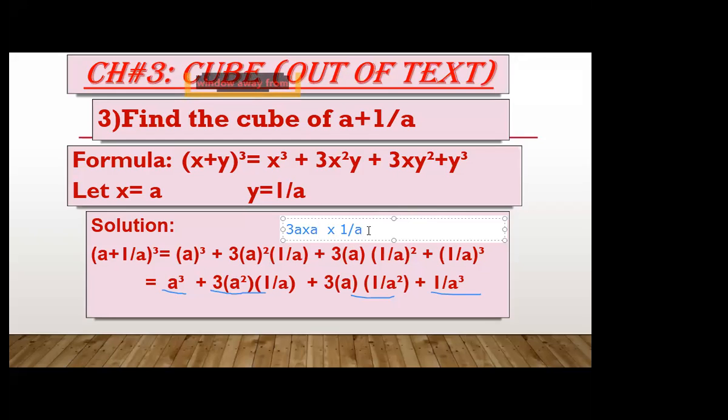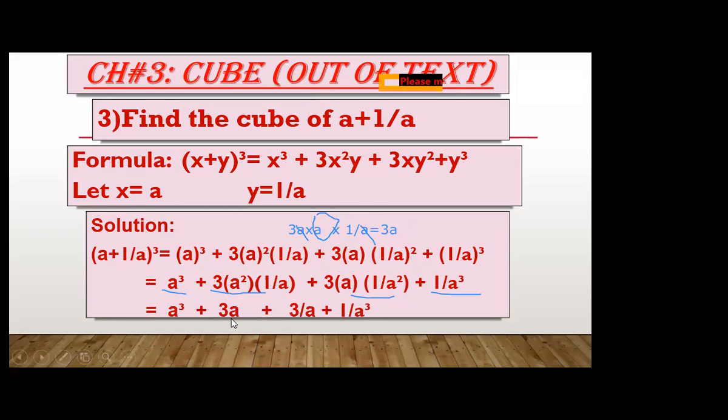So when we solve it, we get 3 into 1 is 3, and here 1a, and in the denominator 1a will be cancelled, so in the numerator we get only a. Because 1a and 1a will be cancelled, only a is left in the numerator. So in the answer, in the second step, we get 3a.